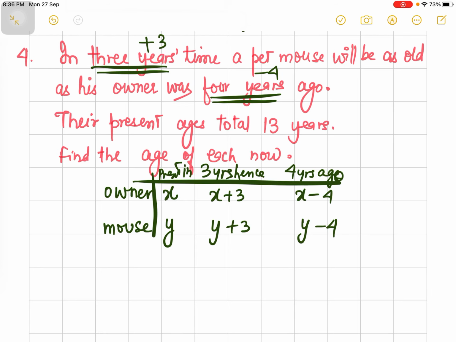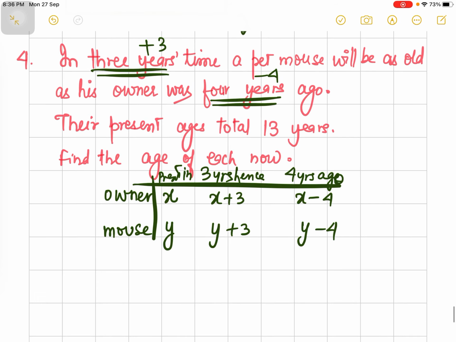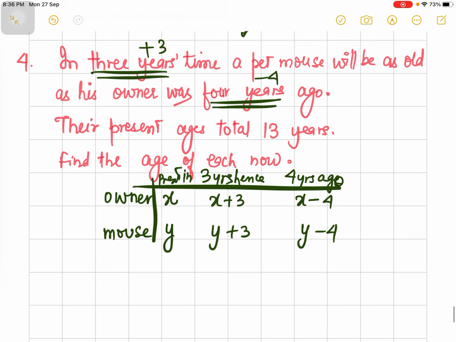According to the question, read it again. In 3 years' time, a pet mouse will be as old as the owner was 4 years ago. In 3 years, the mouse will be this age, and 4 years ago, the owner was this age. I hope you get this.